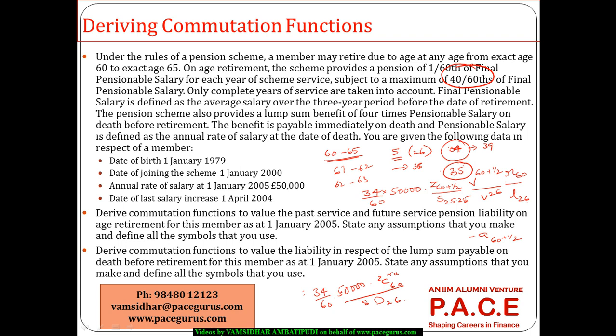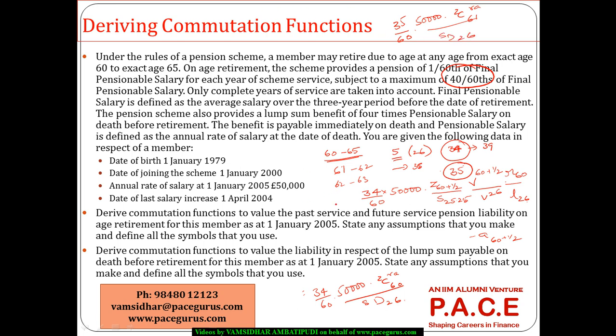But if he is retiring between 61 to 62, it is going to be 35 by 60 times 50,000 times ZC61 RA divided by SD26.